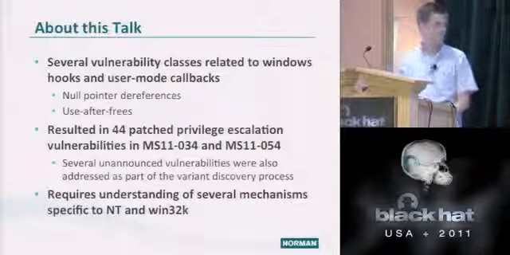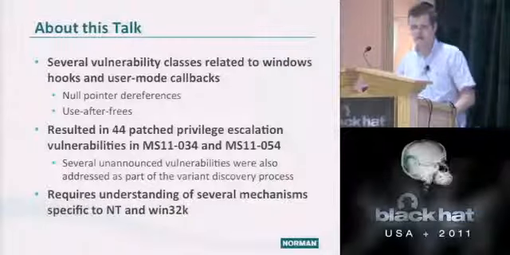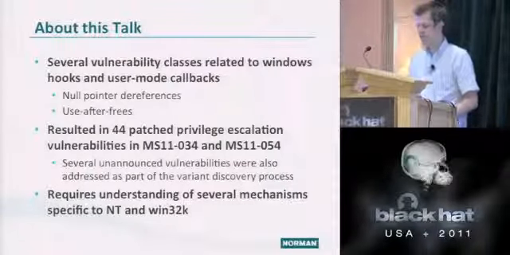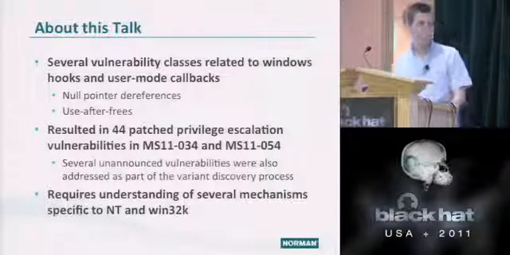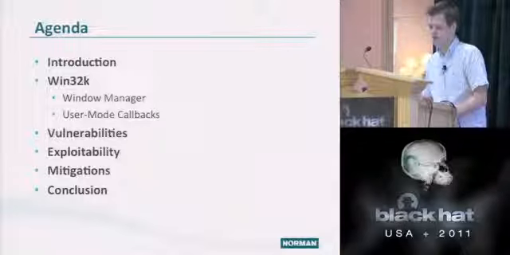For us to understand all these bugs, we need to go into several mechanisms specific to Windows NT, the kernel itself, and Win32k. So a lot of the background material is going to be on that. So this is the agenda.